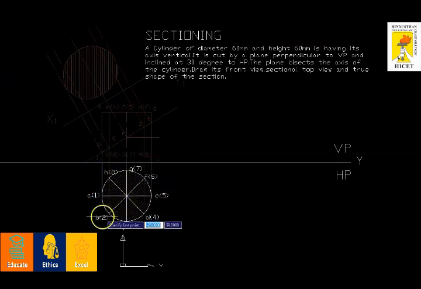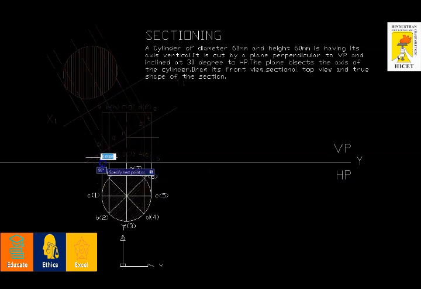You know, the front view of a cylinder will be a rectangle. I'm going to project all the points like this. See, I'm going to project all the points. Then I'm going to draw the front view.